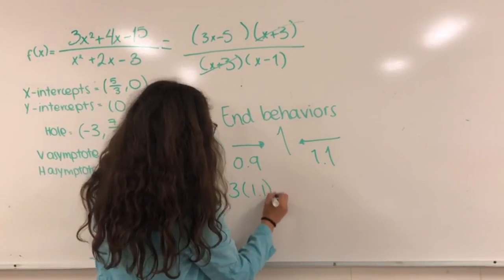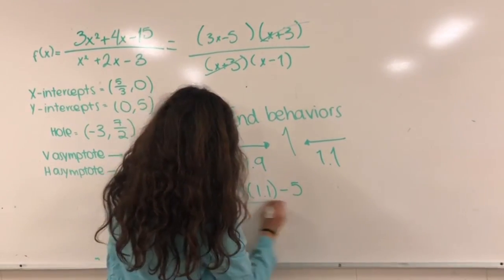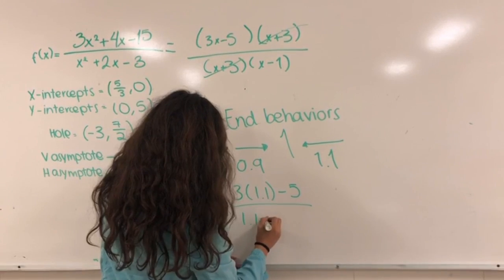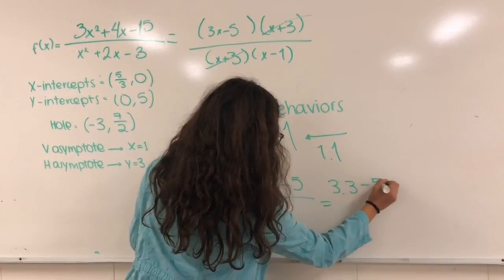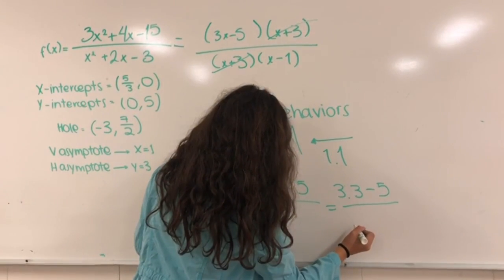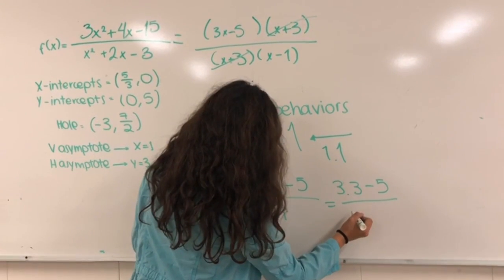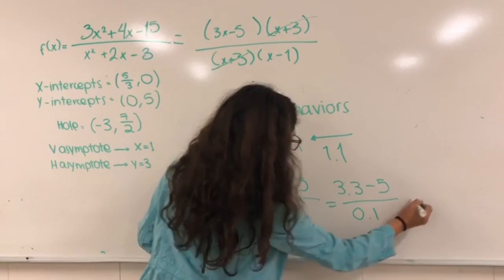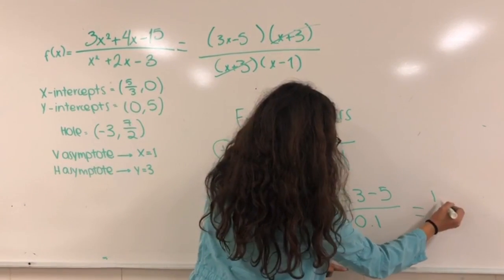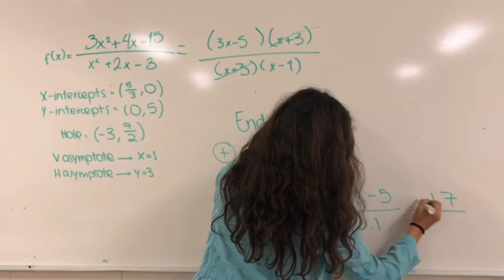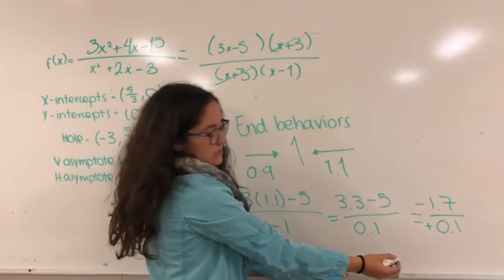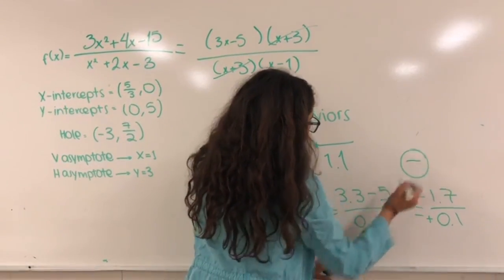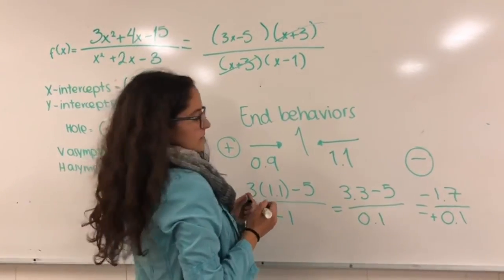So we substitute. And here we have negative over positive, and it will be negative. So this part of the function will be negative.